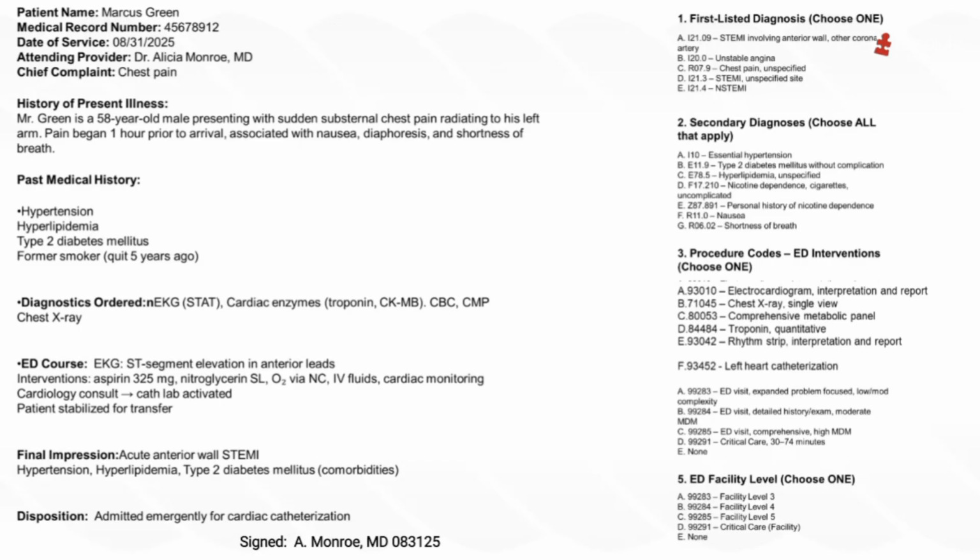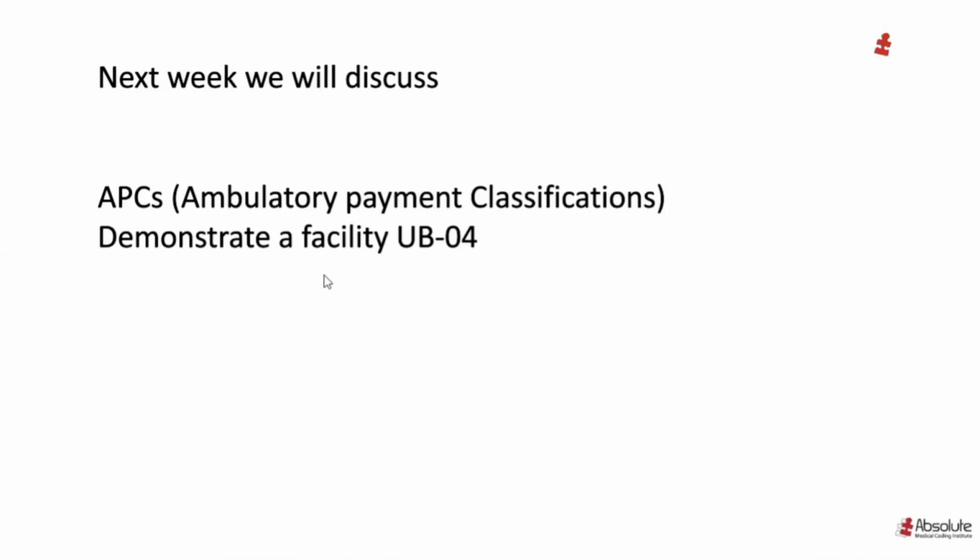This chart is going to feed us into the next subject. Next week, we're going to demonstrate a facility UB04. So not only are we going to code this chart, we are going to put it on the UB04. And then we're going to have another conversation on ambulatory payment classifications.